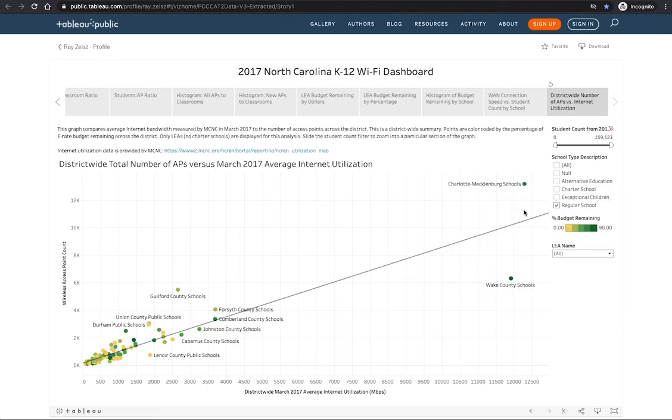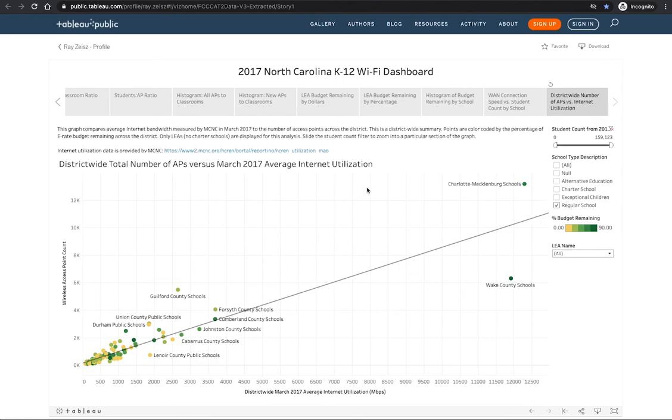That probably comes from the fact that they were a high E-rate discount district and a large district. Prior to the rule modernization in 2015, those were exactly the districts that ended up getting the priority in the Wi-Fi funding from the FCC. And it was actually quite unfair, to be honest. So they changed the rules and gave everybody $150 per student, to level things out across the entire country instead of focusing on just the really high E-rate discount school districts.